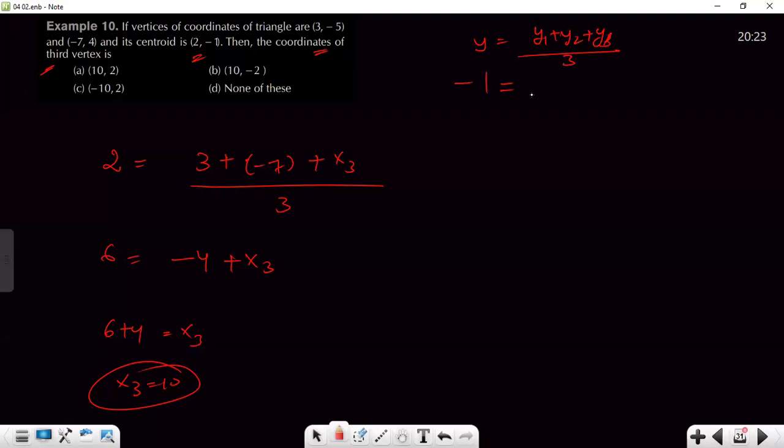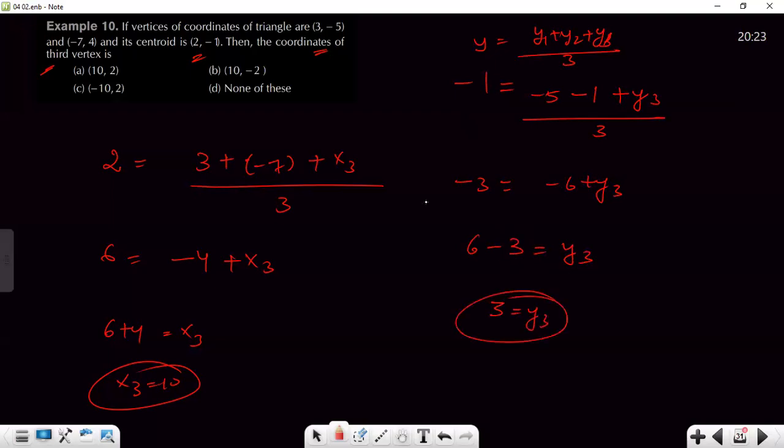So y1 is minus 5, minus 1, plus y3, divided by 3. 3 into minus 1 is minus 3, equal to minus 6 plus y3. Bringing the minus 6 to the left hand side, 6 minus 3 is equal to y3. This becomes 3 equal to y3.